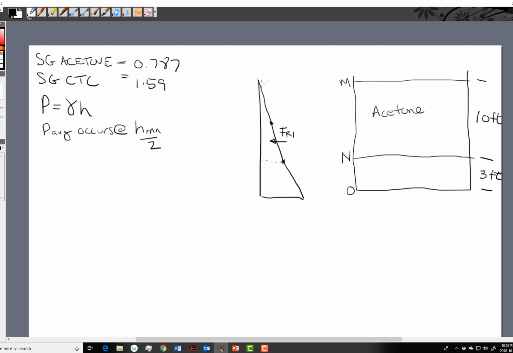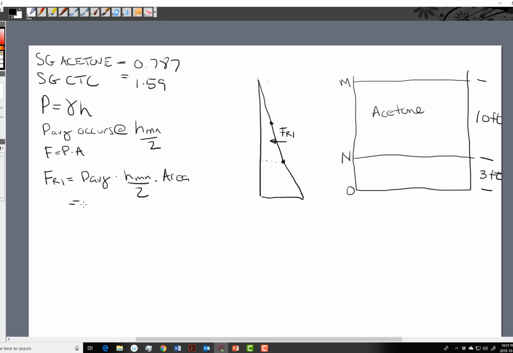To calculate the force from this average pressure, we just multiply by the area, right? Recall that F equals P times A. So let's start doing some calculations here. We know that the specific gravity of acetone is 0.787. So force FR1 is equal to P average, at HMN over 2, times the area.